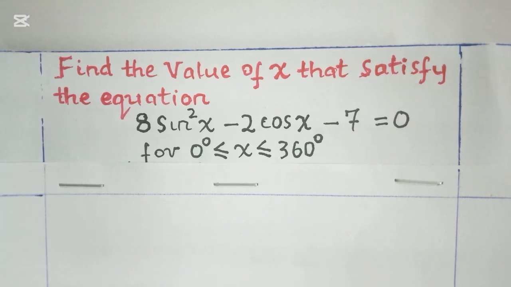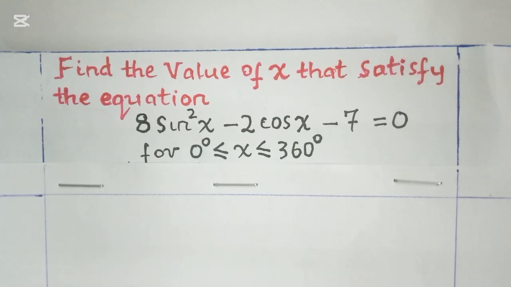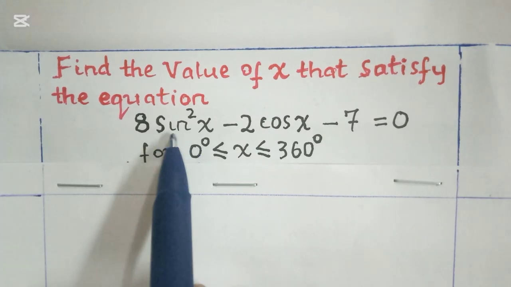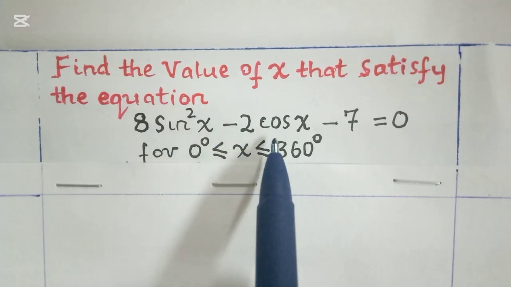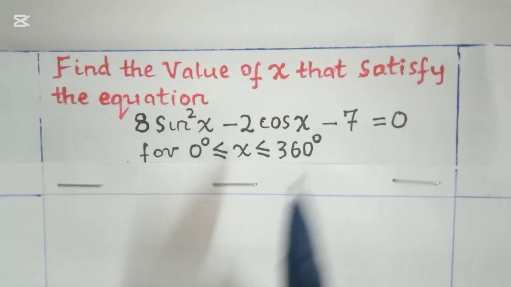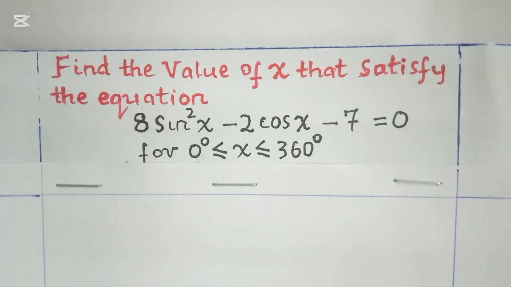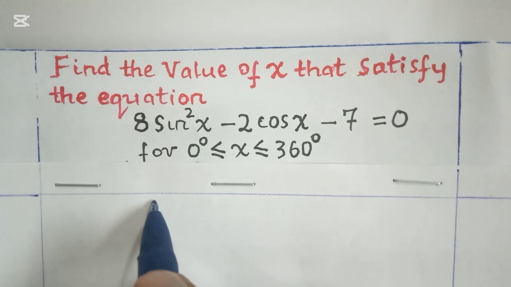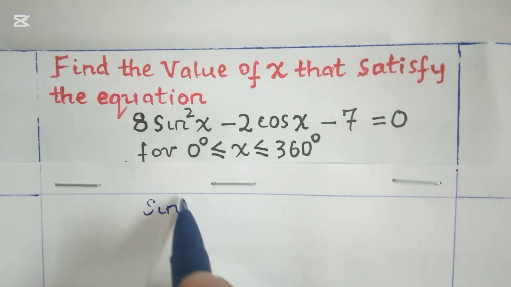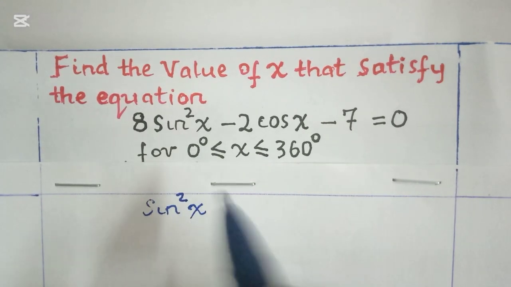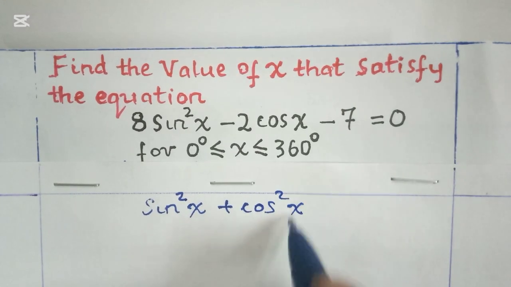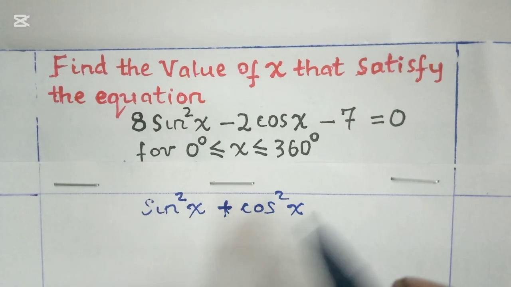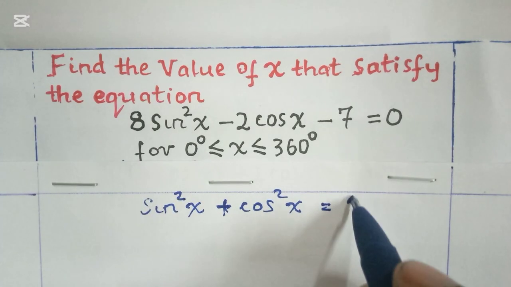Now we try to solve this question. Instead of having sine squared x, we can manipulate this so that it is in the form of cos x. We can use our trigonometric identity: sine squared x plus cos squared x gives us 1.